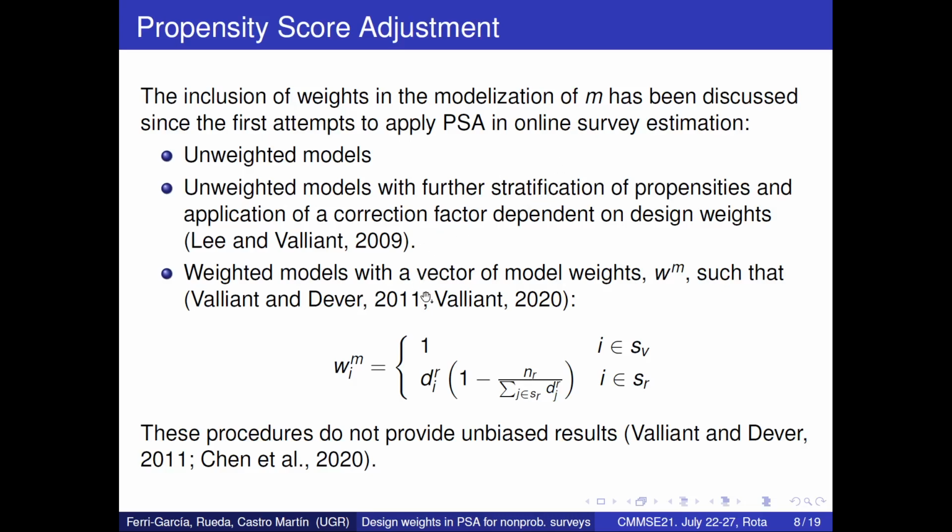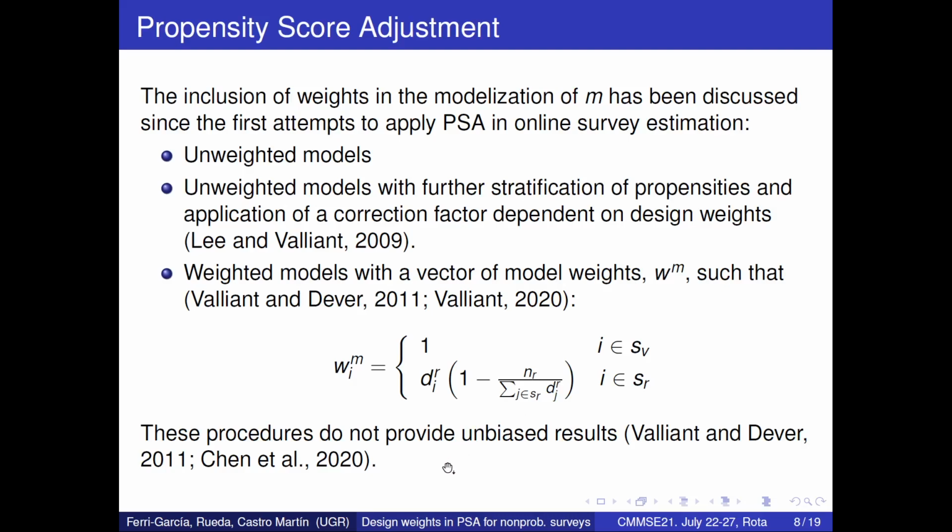Some works have even considered using weighted models, where the individuals from the non-probability sample are assigned unitary weights, and the individuals from the probability sample are assigned the design weight with a correction factor. These procedures have been proven to provide biased estimates of the population parameters.